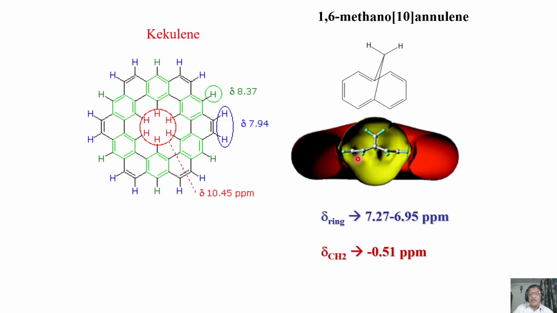See the difference. These two CH2 protons sitting above the plane of the ring get shielded so much that they go beyond TMS, and these ring protons come at 7.27 ppm.